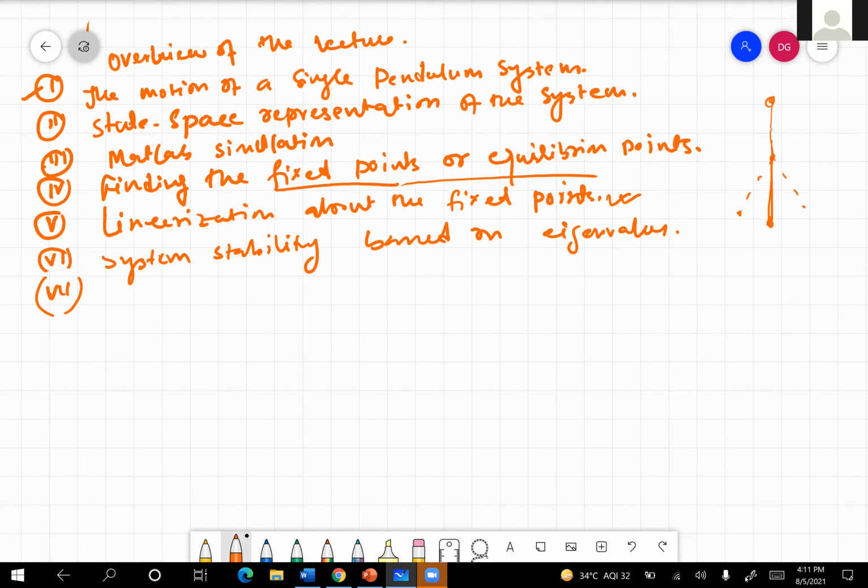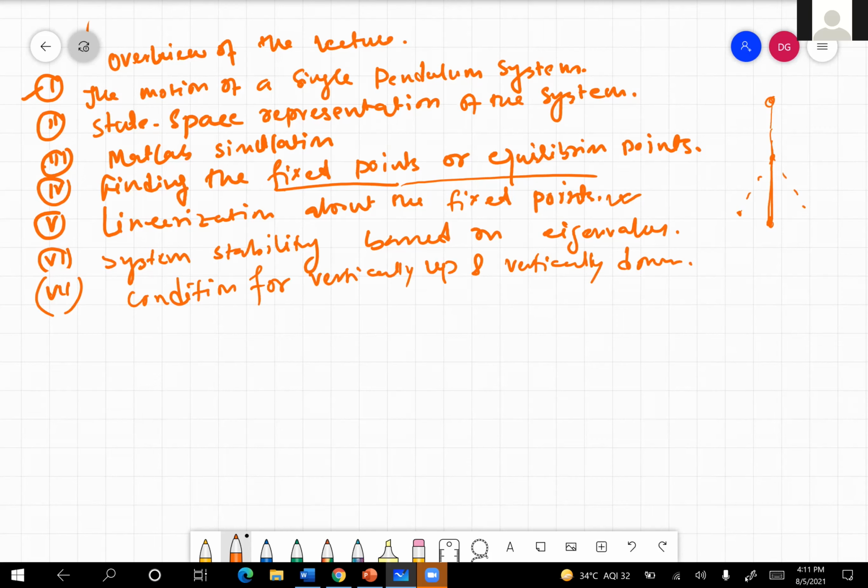So this is basically the condition for vertical up and vertical down.